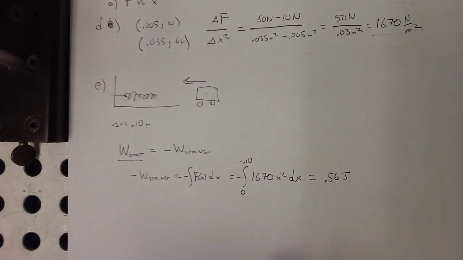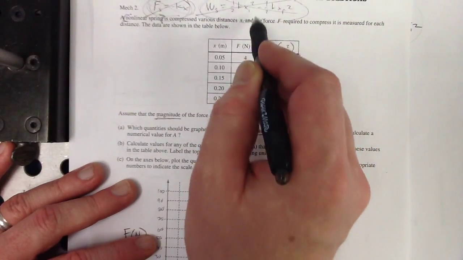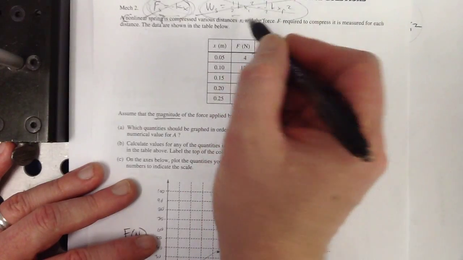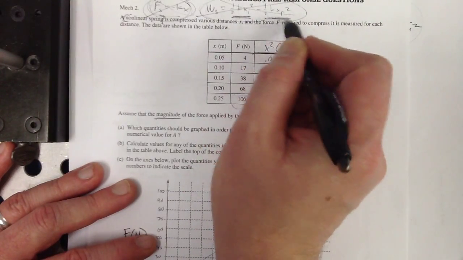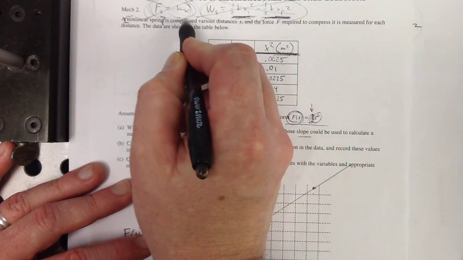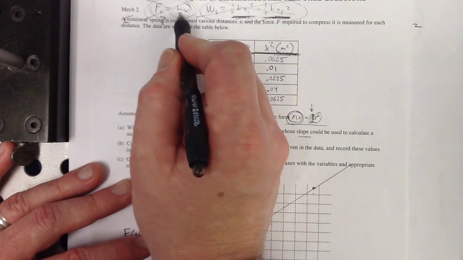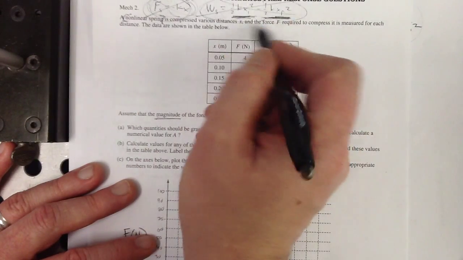Okay. Remember that we talked about at the beginning of this problem, you can't use this because it's not a linear spring. The place where we got this work done by a spring equation was by taking the antiderivative of this, right? Antiderivative of negative kx is negative 1/2 kx squared. That's where this came from.